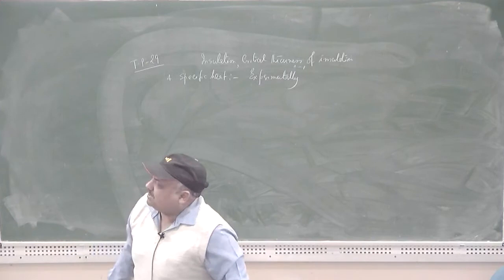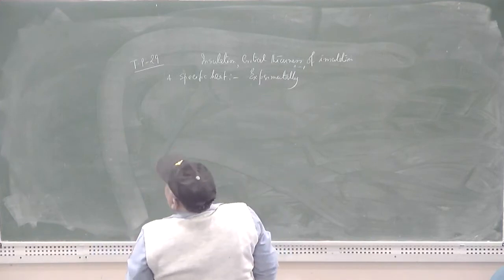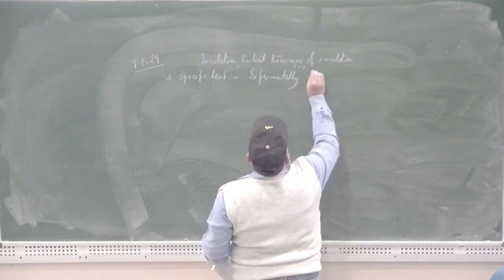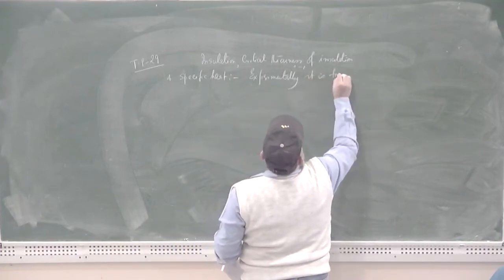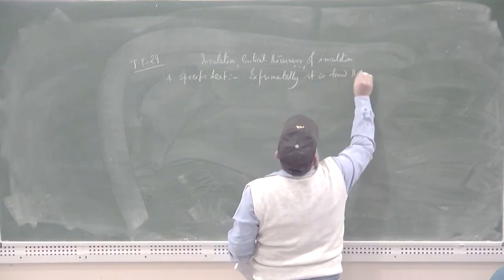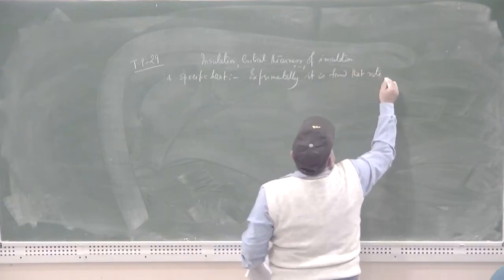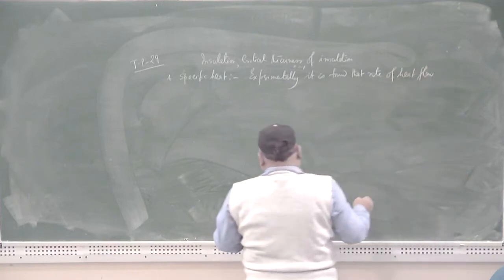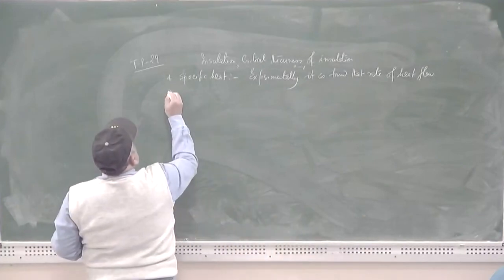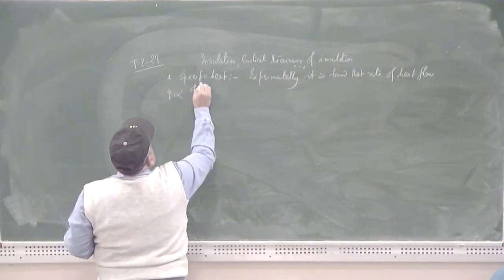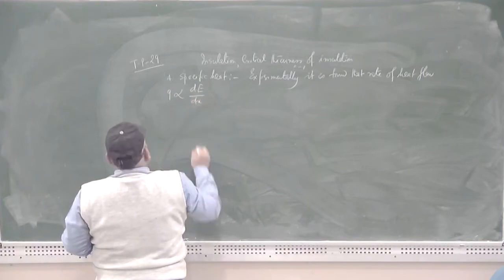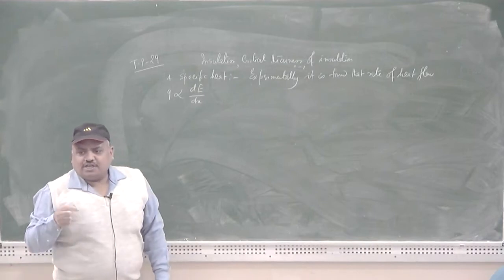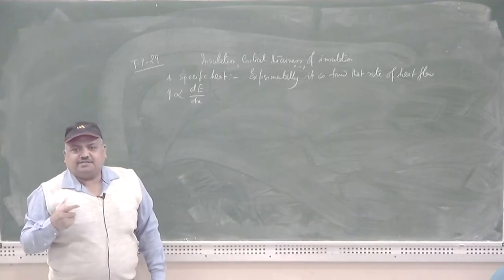During the experimentations, what Austin found is that the rate of heat flow Q is directly proportional to the change in the internal energy with respect to the distance.